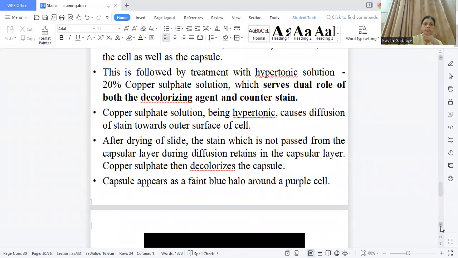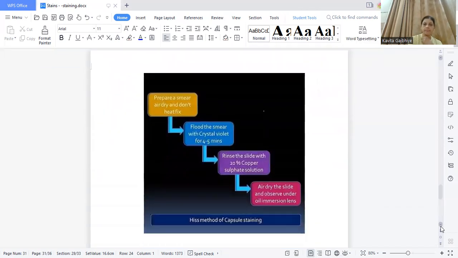Copper sulfate being hypertonic causes diffusion of stain toward the outer surface of the cell. After drying of the slide, the stain that has not passed from the capsular layer during diffusion is retained there. Copper sulfate decolorizes the capsule, and the capsule appears as a faint blue halo around a purple cell.